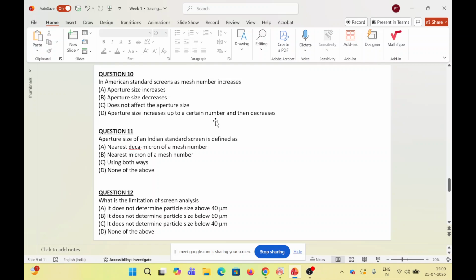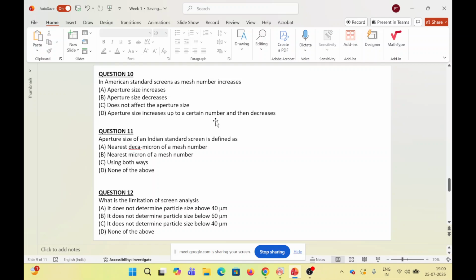Aperture size increases, aperture size decreases, does not affect the aperture size, or aperture size increases up to a certain number and then decreases. Sir, aperture size decreases, sir. Decreases. As I said, in American standard screens, the mesh number is defined as the number of mesh openings per linear length.